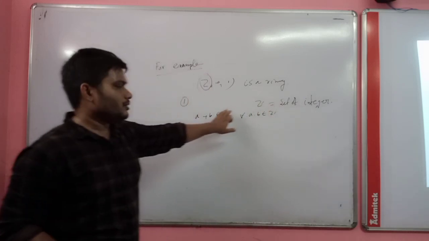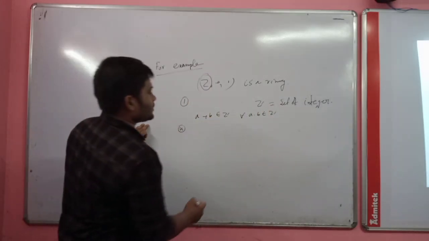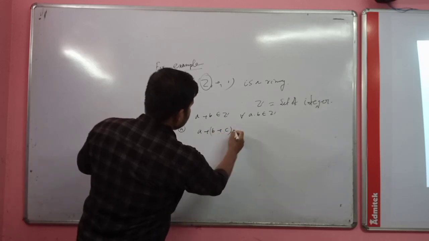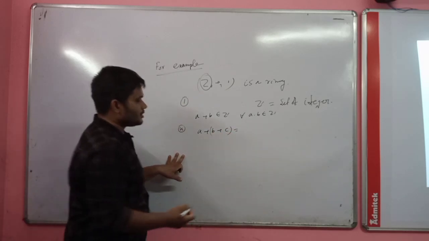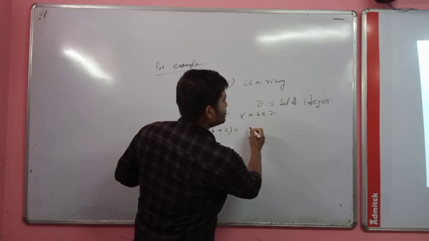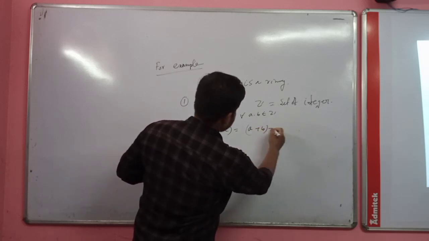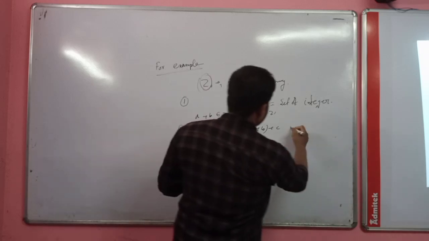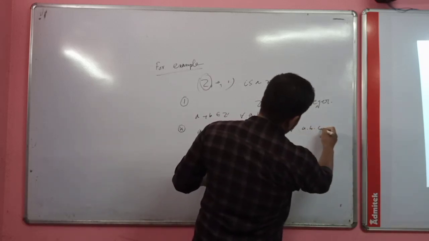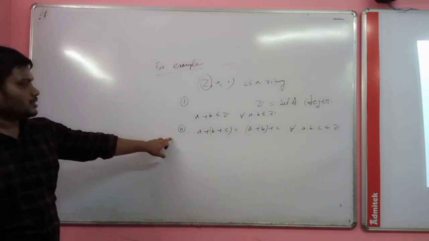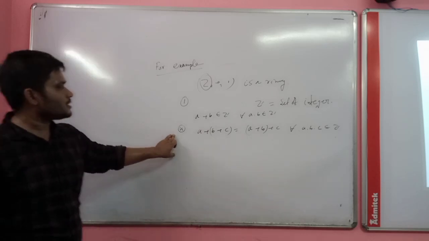Right? Clear? The second condition: a plus b plus c equals a plus b plus c for all a, b, c belongs to Z. Second condition clear?